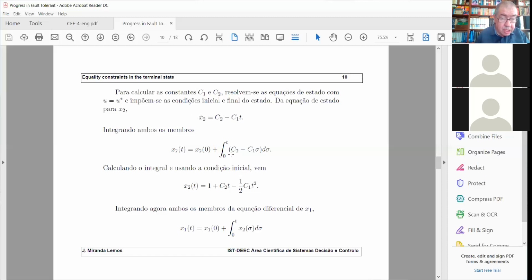And now the integral between 0 and t of C2 is nothing more than C2 t. And the integral between 0 and t of C1 sigma with a minus sign is minus C1 sigma squared divided by 2 computed between 0 and t, which gives you minus 1/2 C1 t squared.